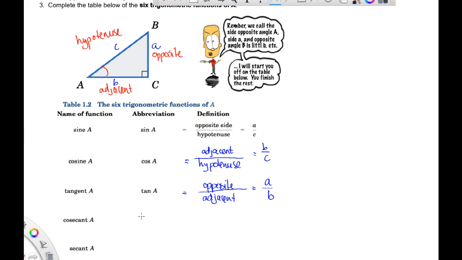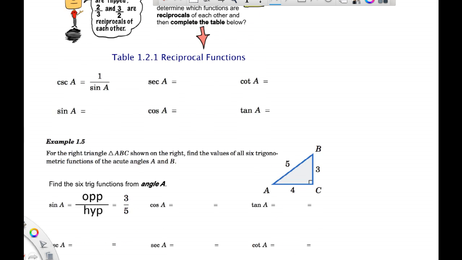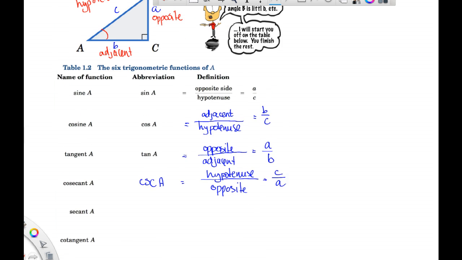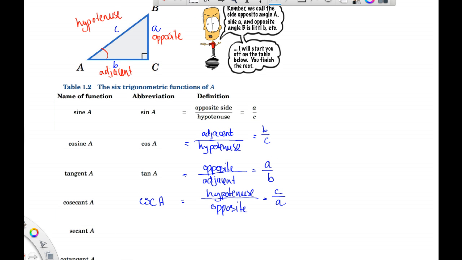The cosecant, which is abbreviated this way, is the hypotenuse divided by the opposite. The hypotenuse is C and the opposite is A. Oh, sorry about that, went the wrong way. The secant of angle A would be the hypotenuse over the adjacent.